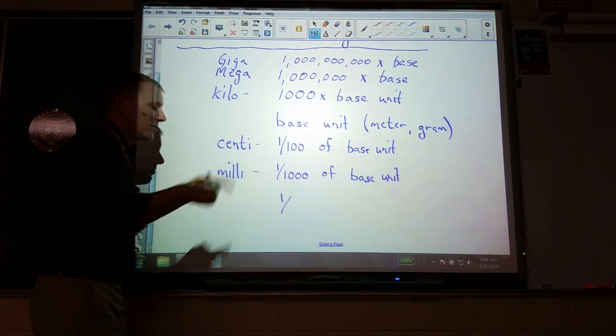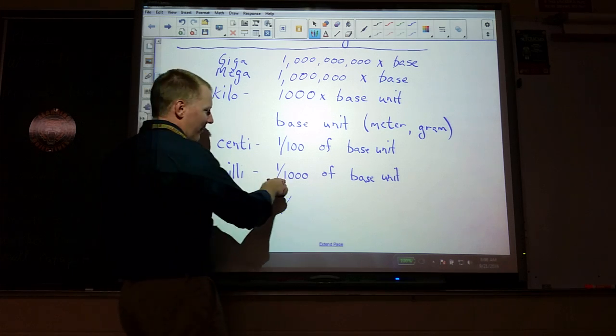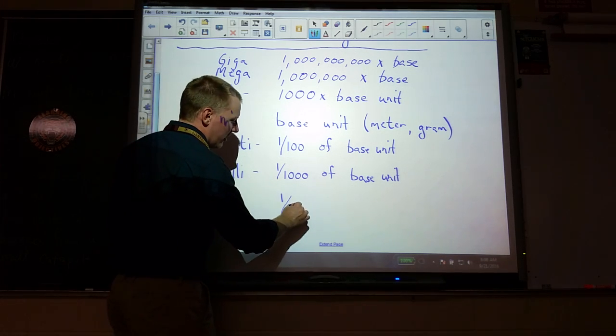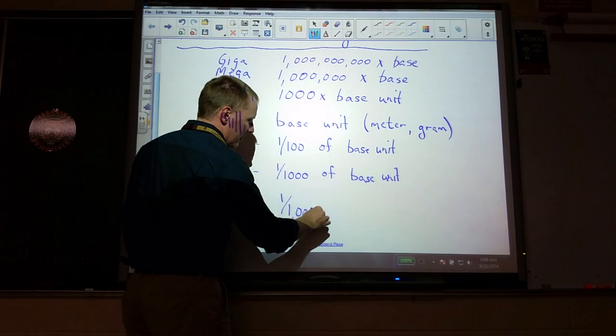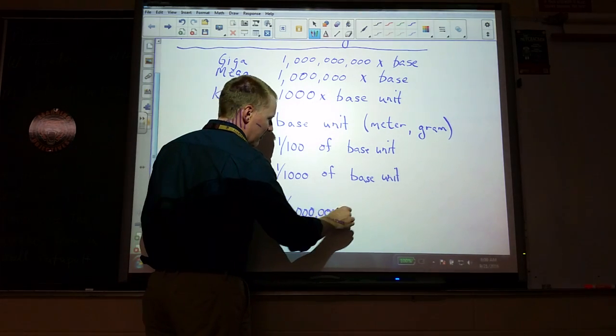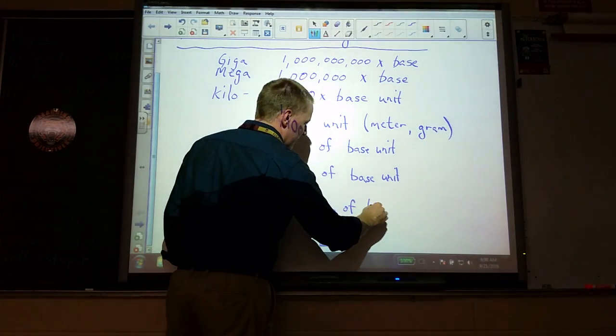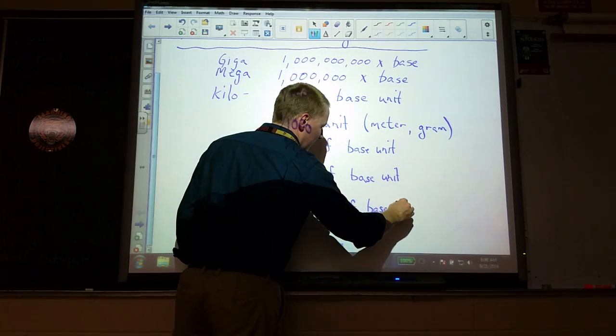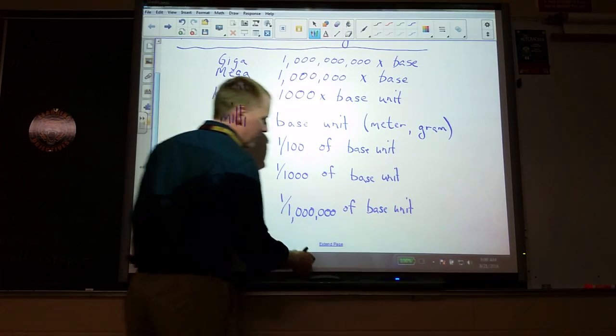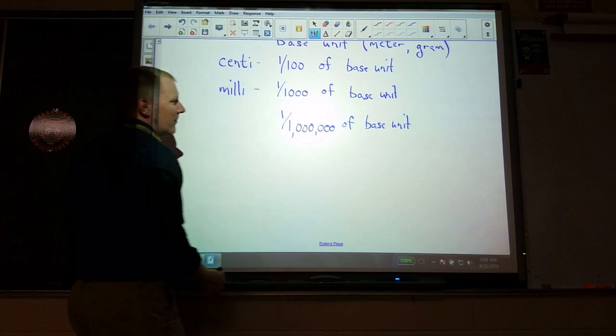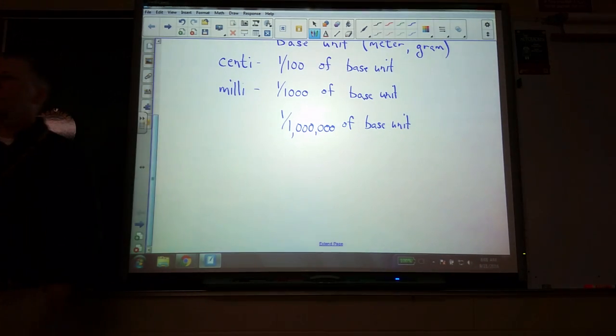The next step, since usually we go by factors of 1,000, is actually 1/1,000,000th of a base unit. Anyone know what we call 1/1,000,000th?